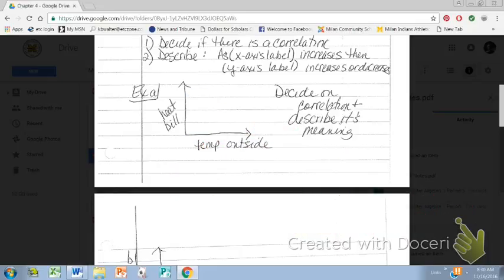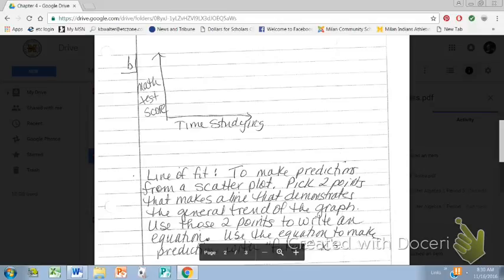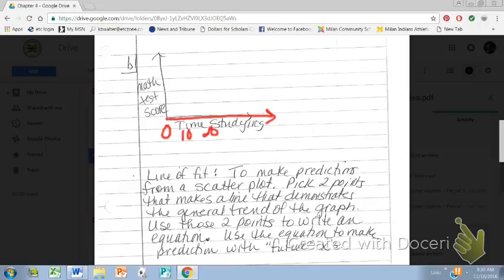All right, let's look at our next example. This one would be time studying and your math test score. As your time studying increases, in this corner it's always 0. So increasing time might be in minutes, 10 minutes, 20 minutes, all the way up to whatever a respectable amount of studying would be.